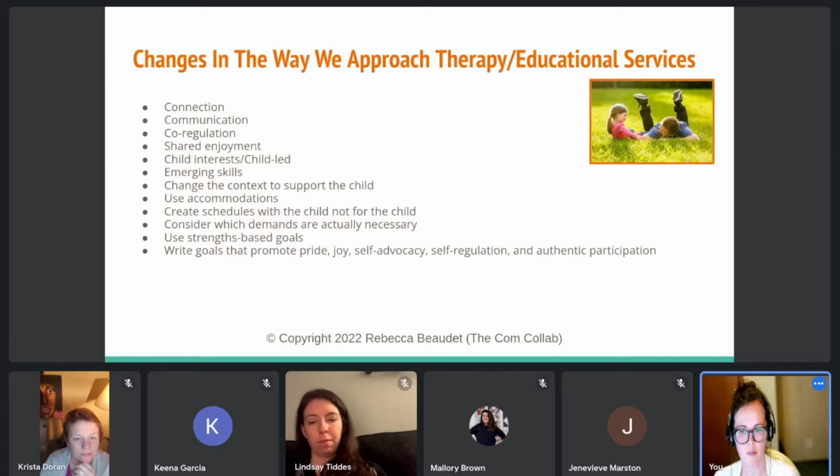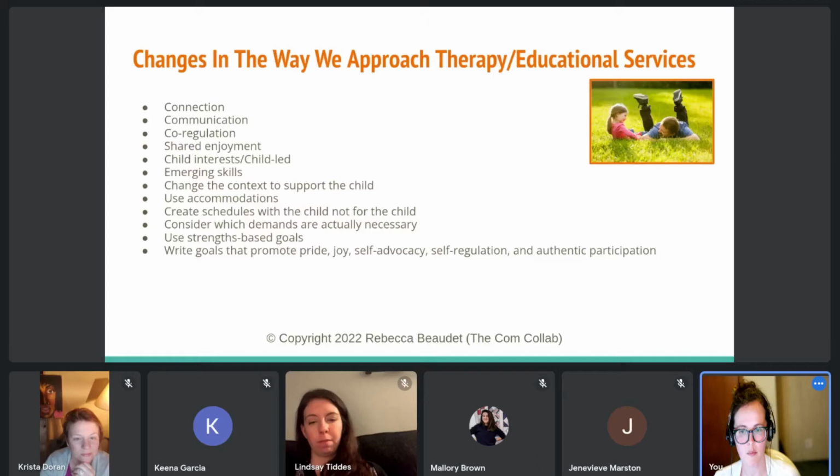So really valuable to educate yourself on the different sensory systems. We don't want to work out of our scope of practice. I'm not going to recommend things that an OT would, because I'm not an occupational therapist, but just having that background knowledge to know it's something to even look for.